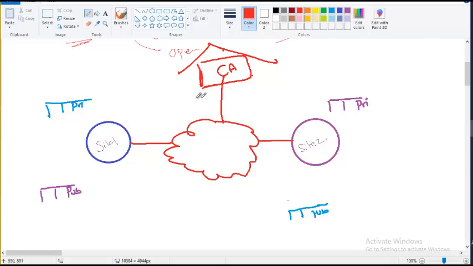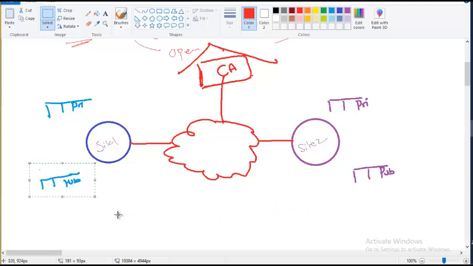So before sending these keys to the other side, first of all, they need to get attested by this certification authority. Both sides need to get a signature from the certification authority.